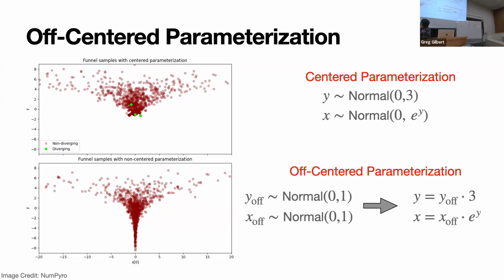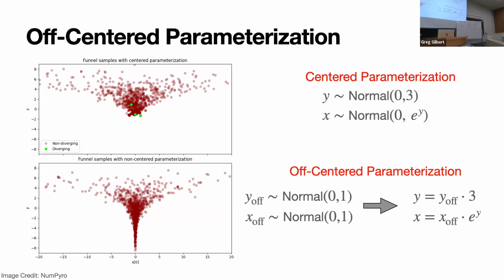On the top here, you can see the samples that you would get by running an MCMC routine with a straightforward naive parameterization, where you draw y from this normal distribution, and then you draw x conditioned on y. You can see here, this is closer to the truth, where the funnel is narrowing as y gets smaller and smaller. That's this quantity here.